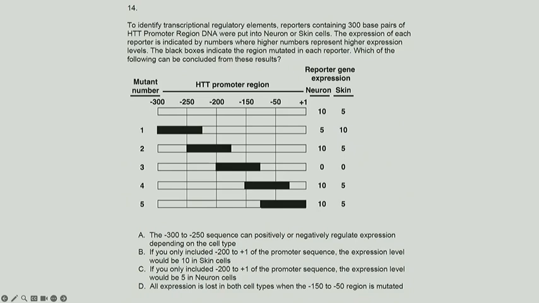So if I only put in the promoter from the minus 200 to the plus 1, I would be missing all of what's deleted in section 1 and a little bit of what's deleted in 2 as well. But we've determined that 2 doesn't matter. 2 doesn't change expression from the baseline at all. So the only effect that's going to happen in the minus 200 to the plus 1 is we've lost that early regulatory element that, upon its loss, flips the expression in skin and neurons.